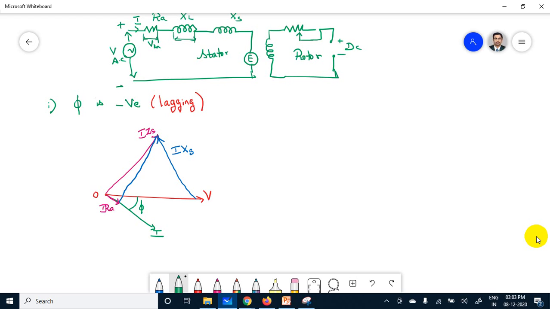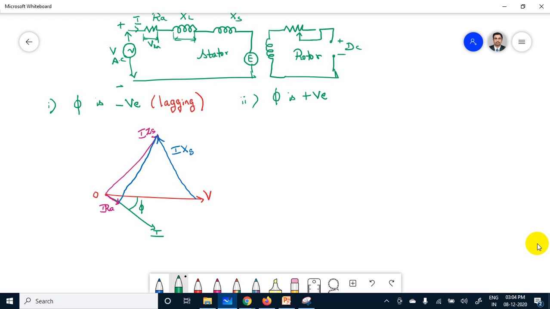The other point, the another diagram, is when the phi value is positive.